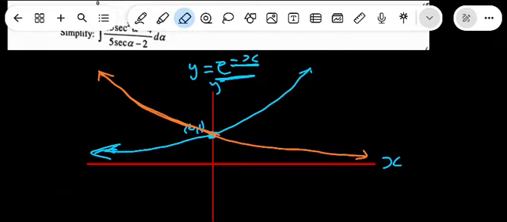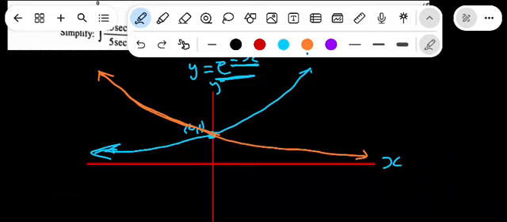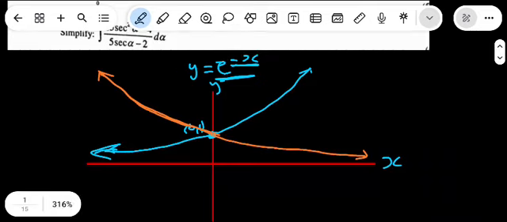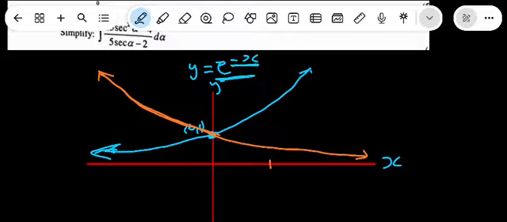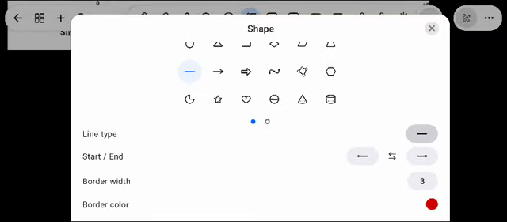I don't have to use an approximate scale there. I can just say -2 is here, and for argument's sake, +2, I can write just +2 there. So I have to draw the line of that graph.